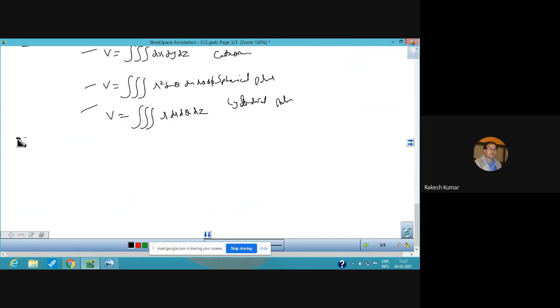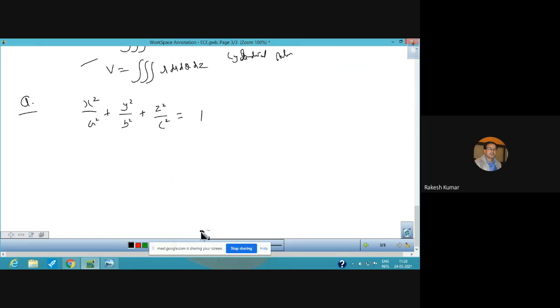So we have the question: find the volume of the ellipsoid x square over a square plus y square over b square plus z square over c square equal to 1. So this is the ellipsoid we have, and you know what is the meaning of that. The shape of the ellipsoid will be like this.